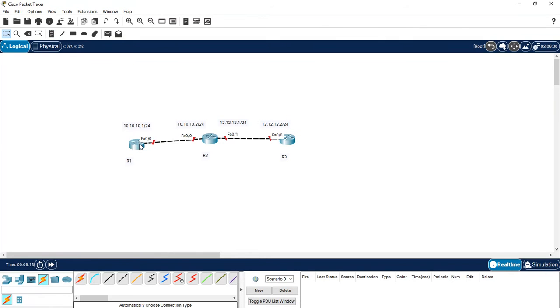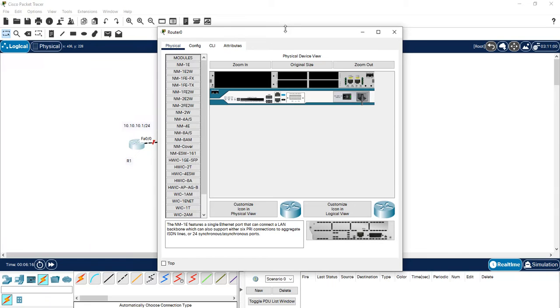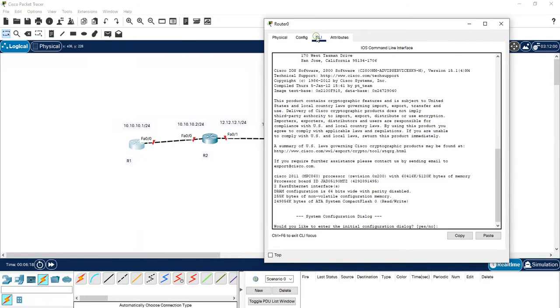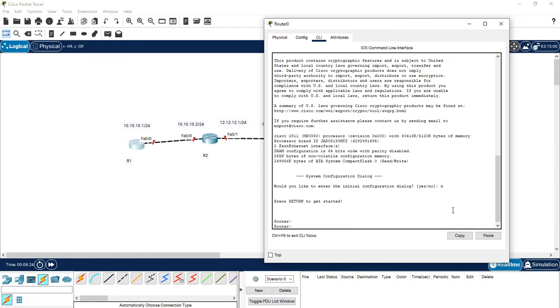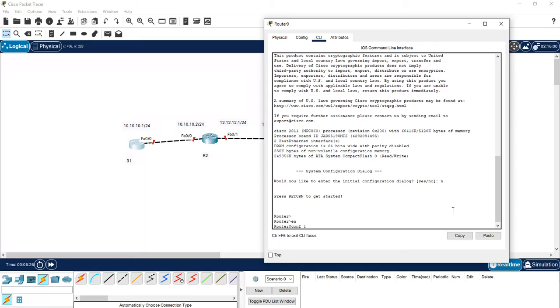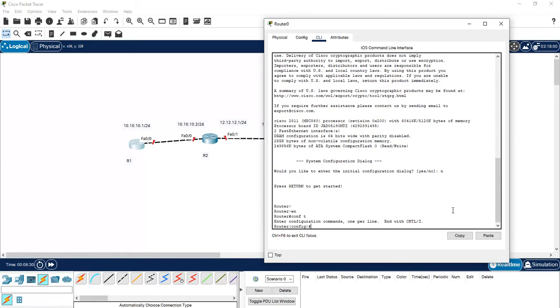Okay, we move to configure the router. We get into the CLI, the command line interface. We enable the router, then get into the configuration terminal. In this mode we get into interface fast Ethernet 0/0.